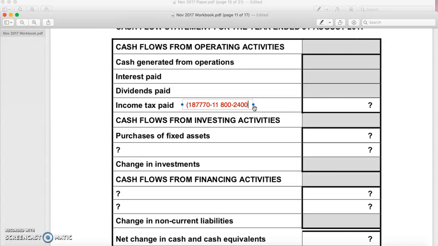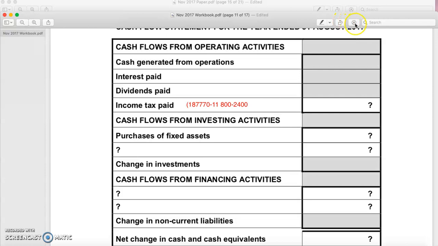Like I said, you could change the signs. Some students say they start with minus 187,770, and then they add 11,800 and they add 2,400. That's okay, I don't care, as long as you get this amount.